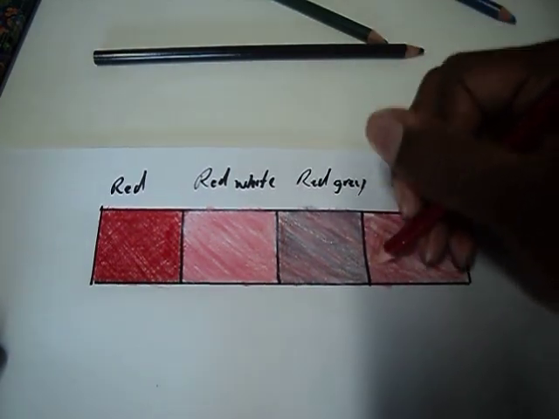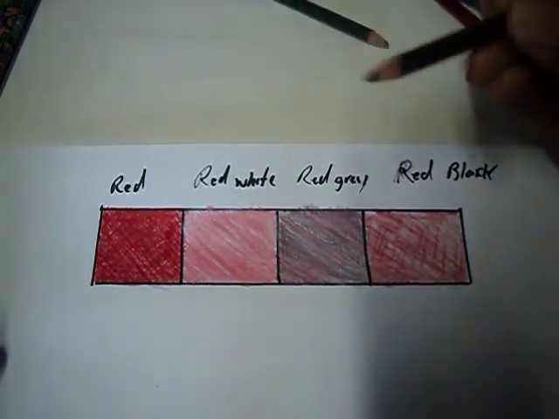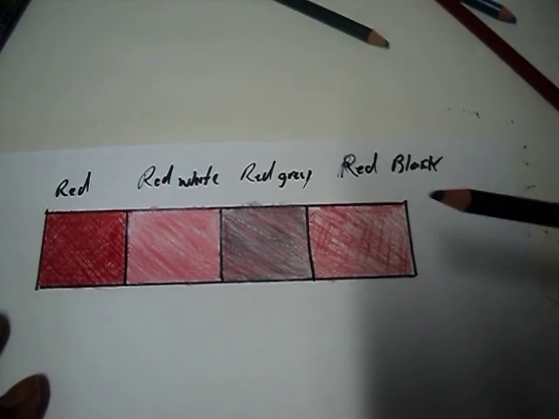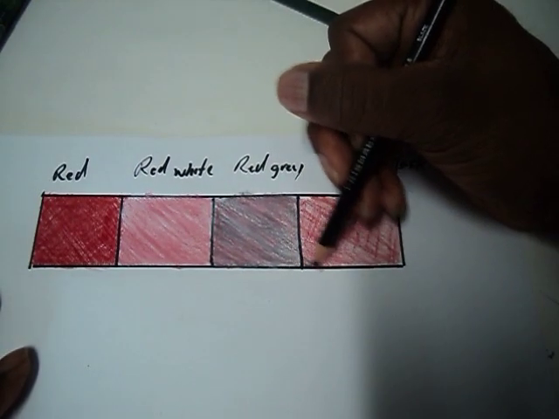Okay, I can go in different directions. I need to sharpen this thing, so at this point this is going to look kind of messy. Alright, now I am going to take the black and put the black on top.